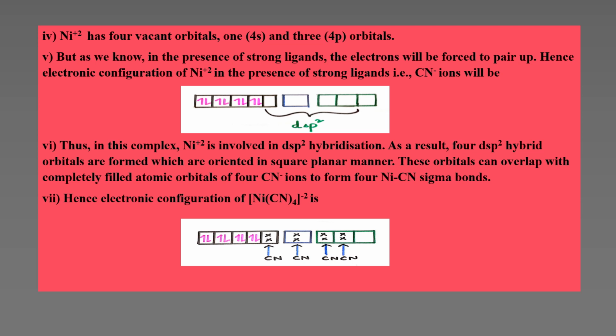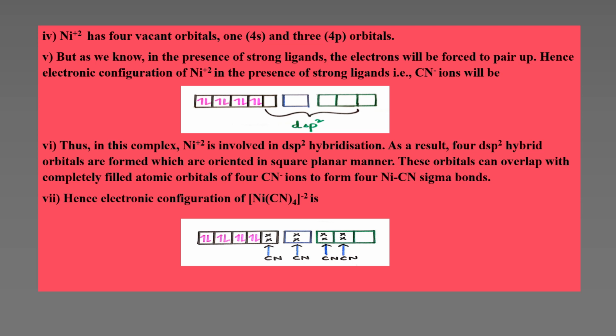So 1 3d orbital, 1 4s orbital and 2 4p orbitals are involved, that is, Ni+2 is involved in d-sp2 hybridization.